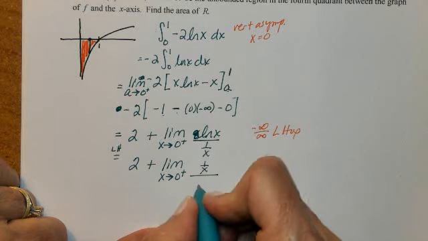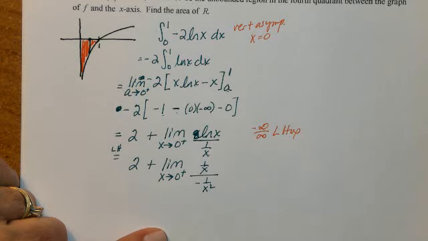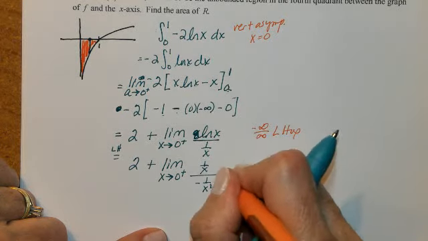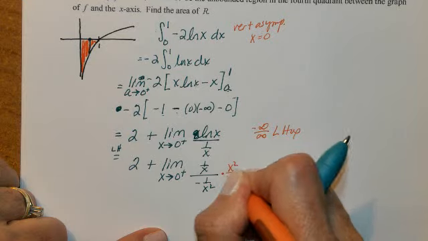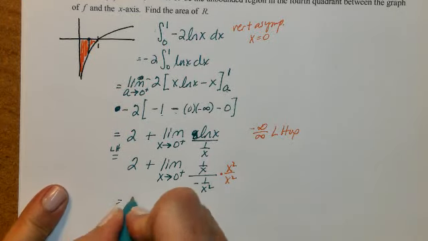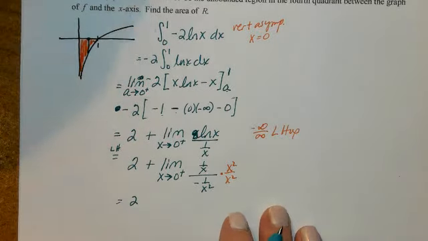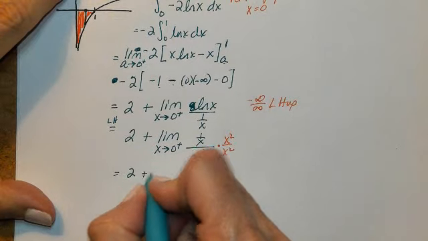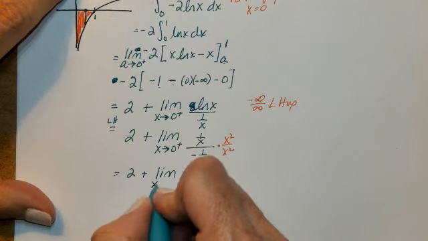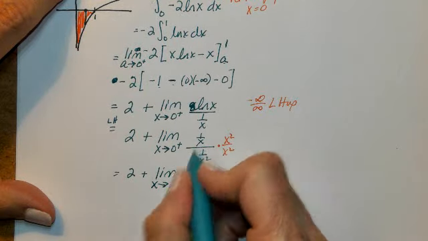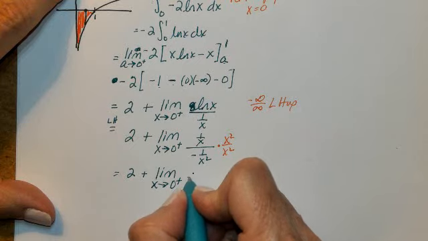The derivative of 1 over x is negative 1 over x squared. Multiply top and bottom by x squared, and we get 2 plus the limit as x approaches 0 from the positive side of negative x.